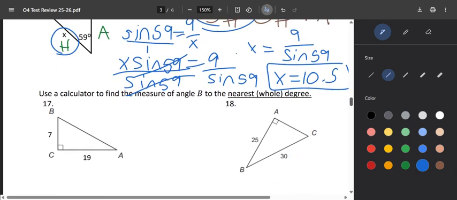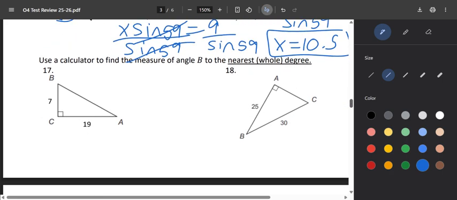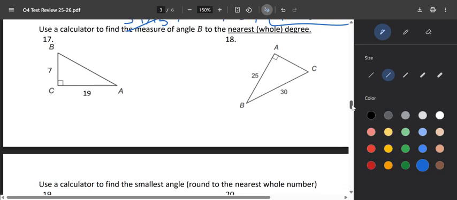Well, let's go ahead and look at number 17. For number 17, we are asked to find angle B. That means we need a label off of angle B. We're given two sides, which means we can't just add everything up to 180.